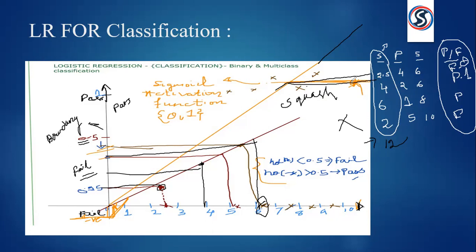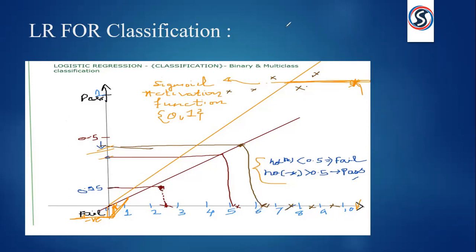To flatten our line, we use the sigmoid activation function.